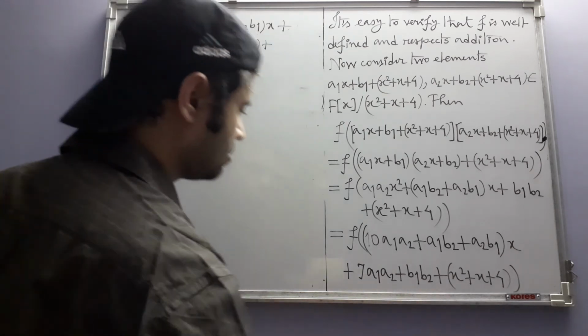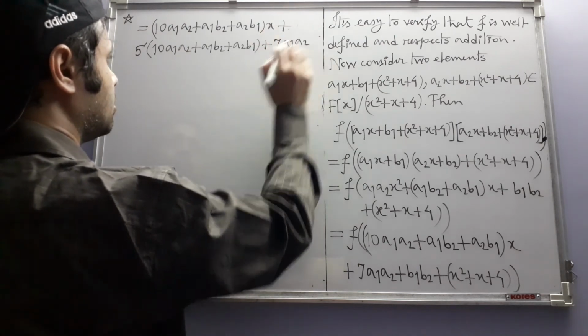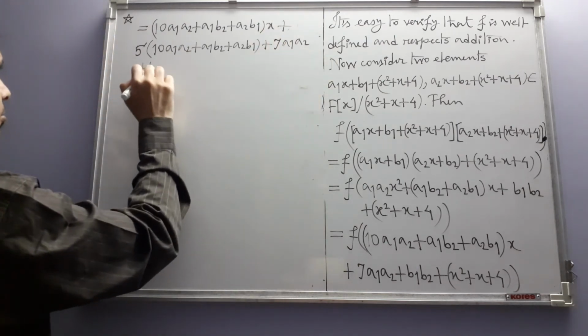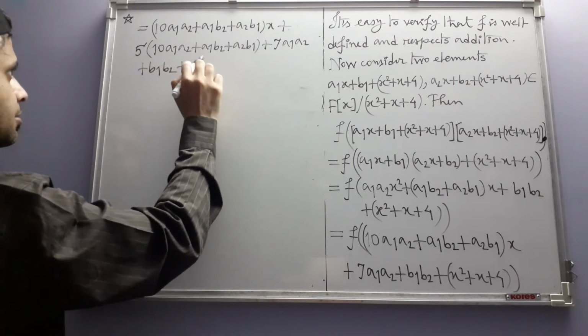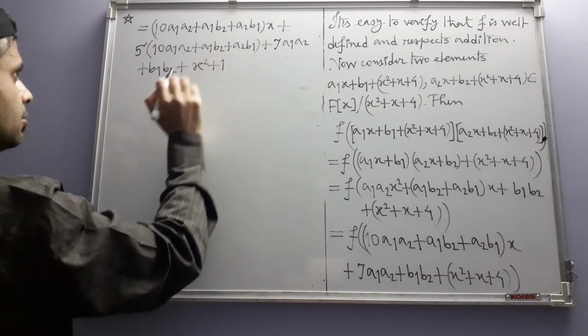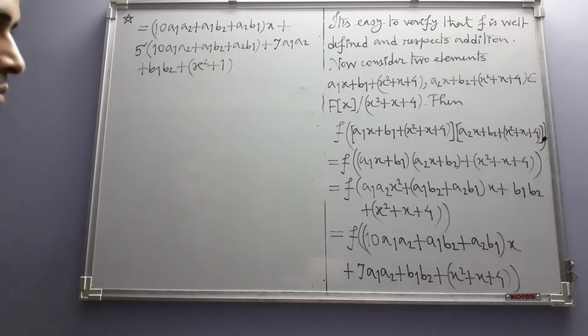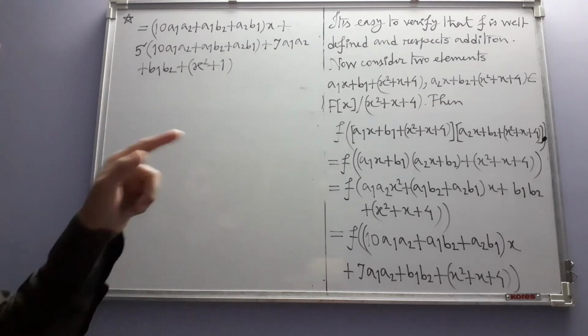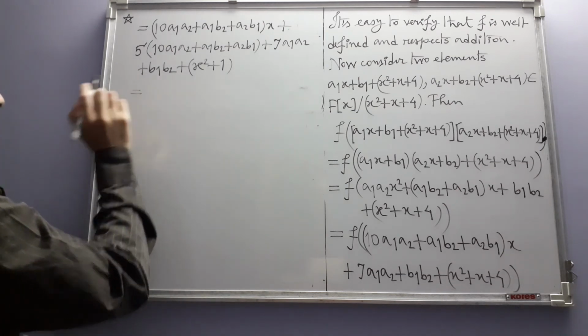B is these two terms, 7 a1 a2 plus b1 b2 plus, but don't forget that this is ultimately, it has to be a coset, but now for this ideal, it's ultimately an element in the second field.